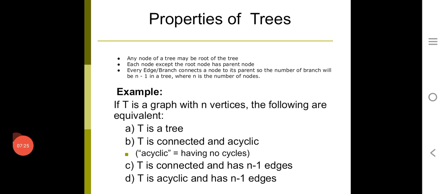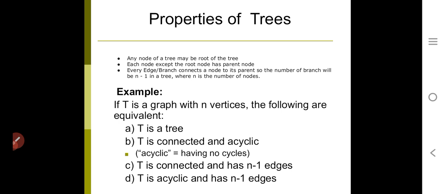An acyclic graph means there is no circuit in the graph. A graph with no circuit is called an acyclic graph. That means an acyclic graph has no cycle. Likewise, a tree is a connected and also an acyclic graph. A tree contains n minus 1 edges.